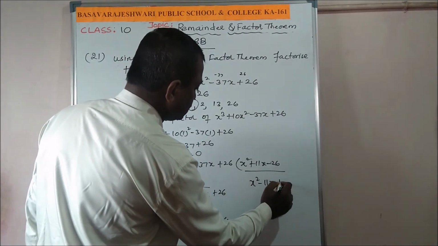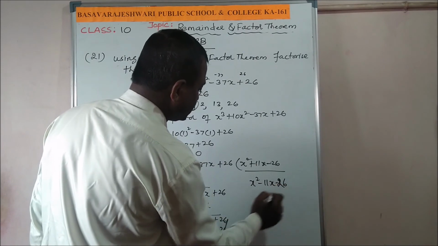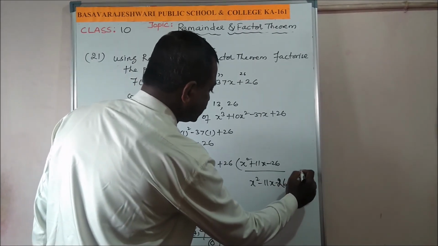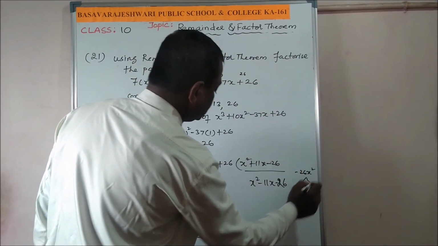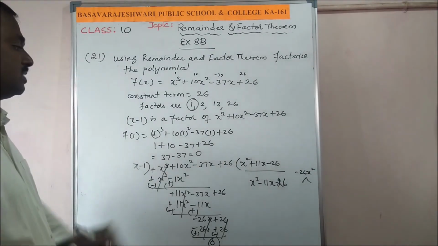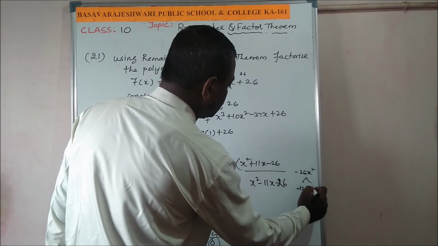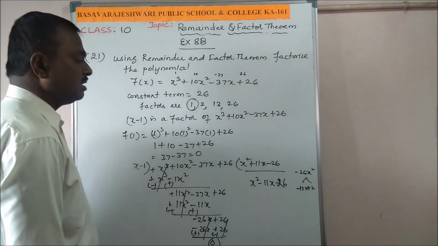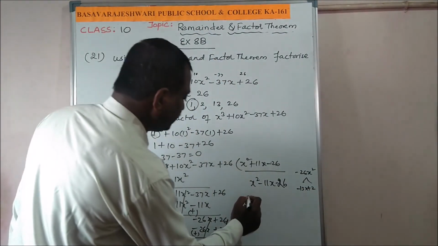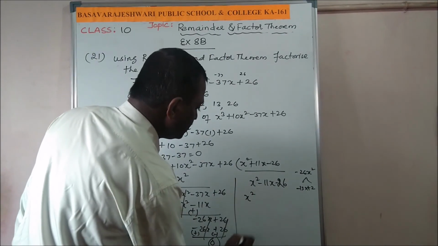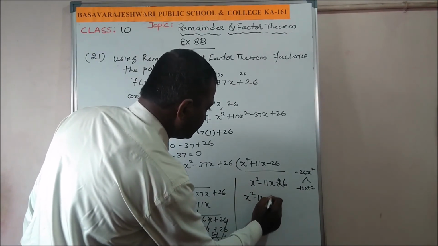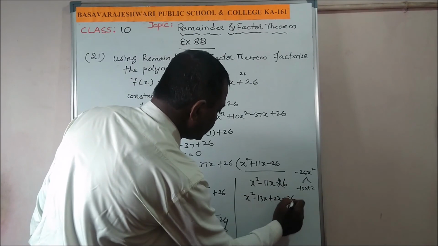Minus 26 x square means 13 2s are 26, minus 13 plus 2. Correct? Therefore x square minus 13x plus 2x minus 26.